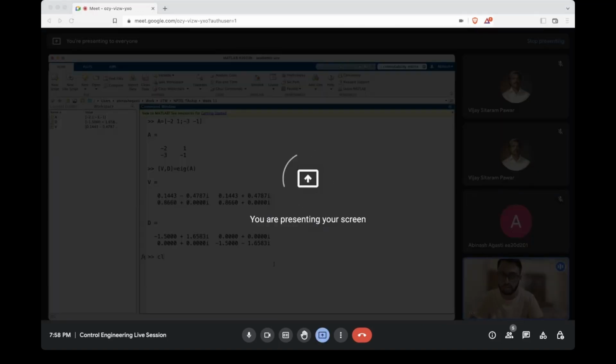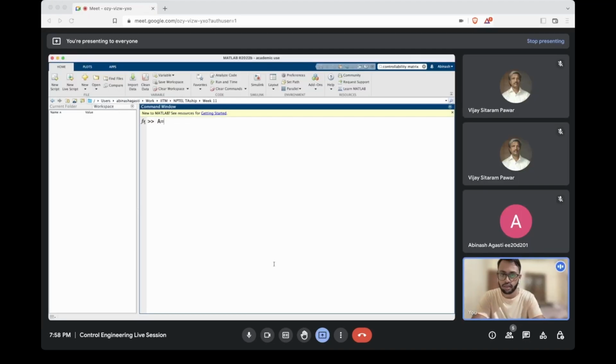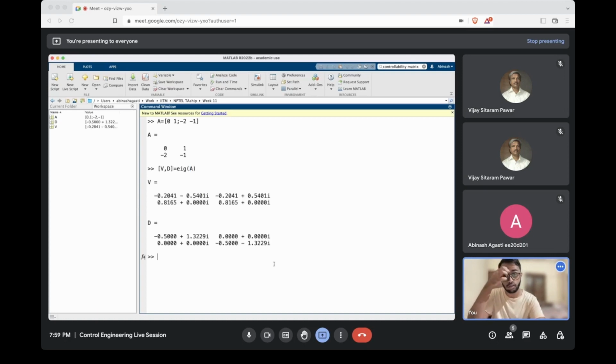You can see my screen, and A is equal to 0, 1, minus 2, minus 1, and I'll write P comma D as eig of A. So e to the power At will just be V into e to the power Dt into V inverse.